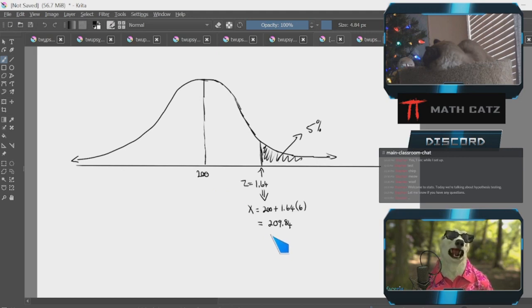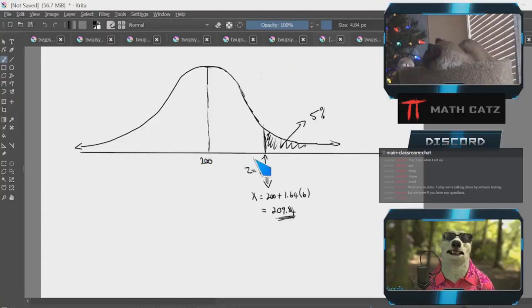So now if I look at the raw scores instead, this means that if I get a sample mean from my investigation of more than this, I will reject the null hypothesis and view it as strong enough evidence that a change has occurred. So we get our cutoff raw score of 209.84.